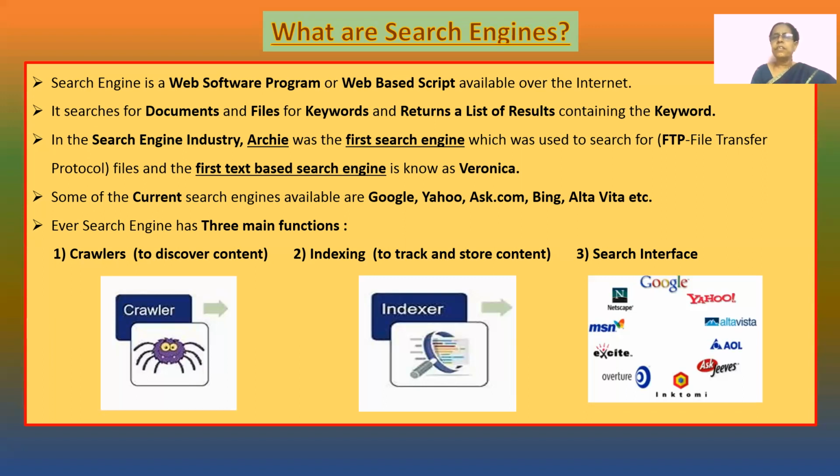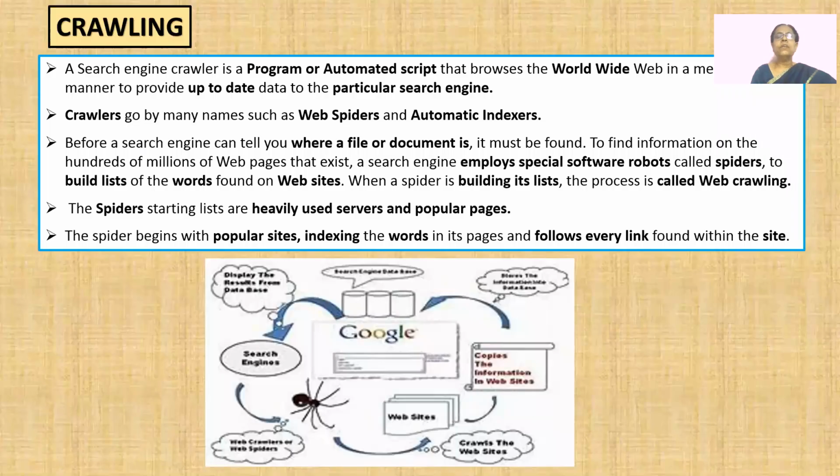And the search interface is where you use the search techniques; the search engines are Google, Yahoo, Alta Vista, MSN, Ask, and so on. Now the very first function is called the crawler, as I said. What is a crawler? The search engine crawler is a program or an automated script.